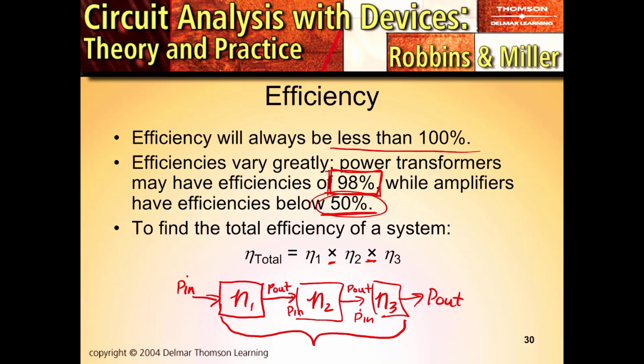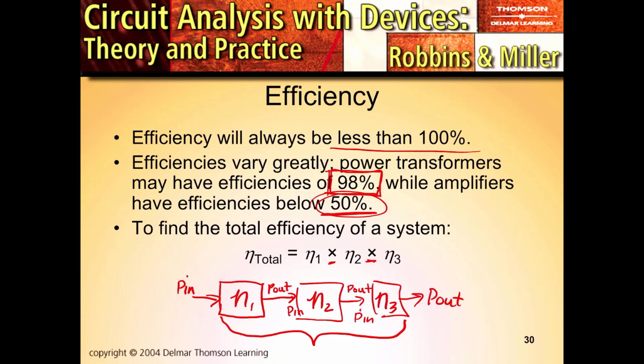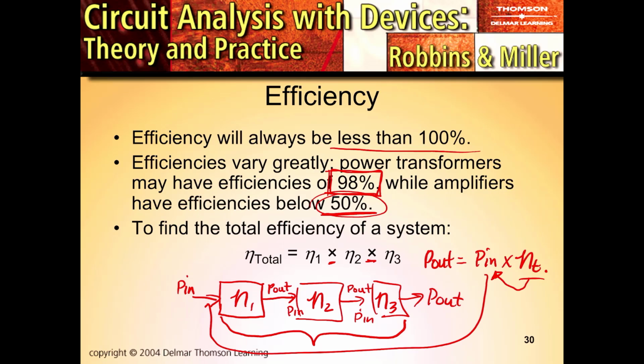And then that means that P out would equal P in multiplied by N total. Remember, N total would be a percentage or a fraction, so that'll simply be a fraction multiplied by the total amount of P in that was going into the system, and this is going to give you the P out value.